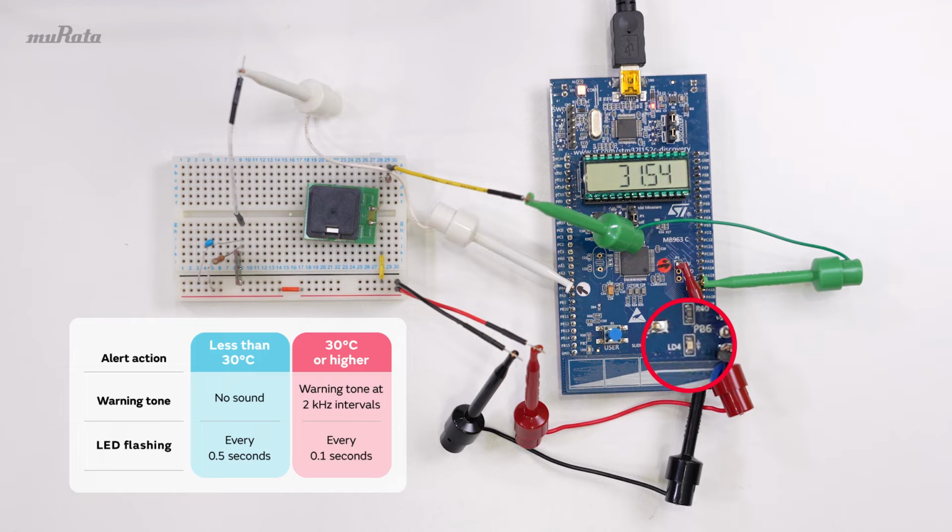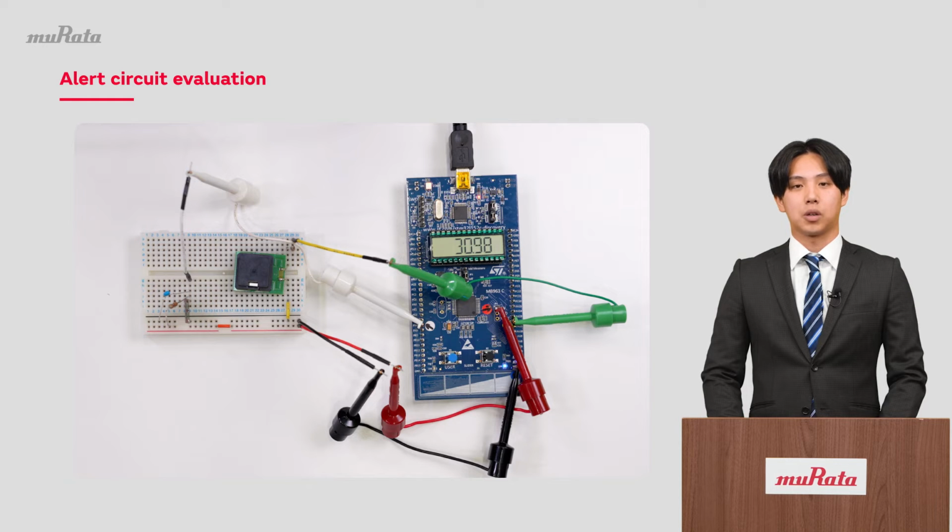When the temperature is 30 degrees Celsius or higher, a 2 kHz square wave signal is outputted to the IC, and the program written to the microcontroller causes the interval at which the LED flashes to change from 0.5 seconds to 0.1 seconds. This was a simple example of an alarm and alert circuit that responds to temperature. These circuits are incorporated into many products.